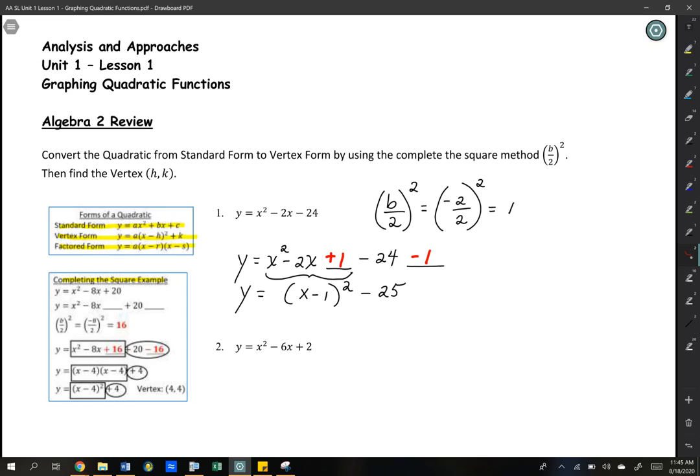So it says convert it to vertex form using completing the square, and then find the vertex. Well, we've put it in vertex form now, and the vertex can be found by looking at, right, h and k. So in this case, here's our h and here's our k. So the vertex for this is 1, -25.